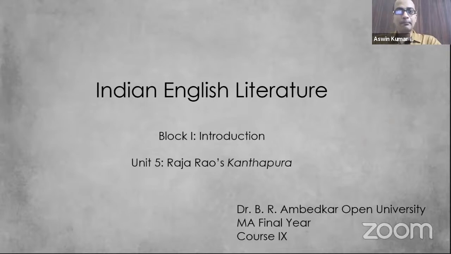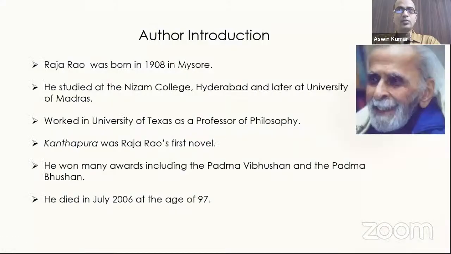Okay, let me try and figure out how to move. Okay, there. We'll follow the same structure that we followed for Narayan. I know some of this might be a repetition from yesterday, because BV gave us a very good introduction to the author, but this is just a very quick recap of who Rajarao is and what Kantapura is.